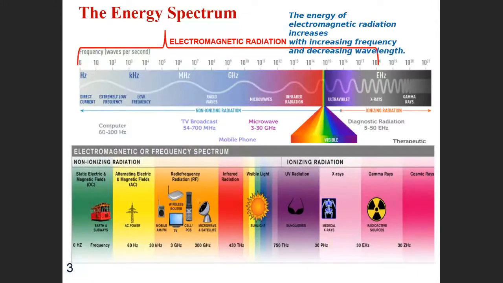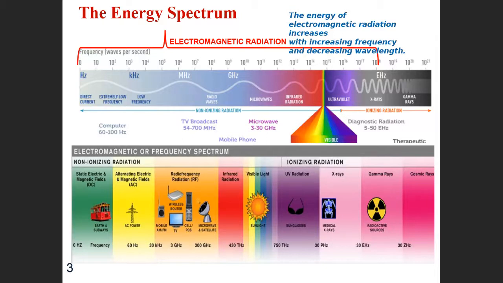We want to discuss the energy spectrum. The energy spectrum refers to the many types of radiations which are released from the sun, and this energy travels in the way of waves. We have something called the frequency of the wave. The frequency describes how many waves are produced per second.